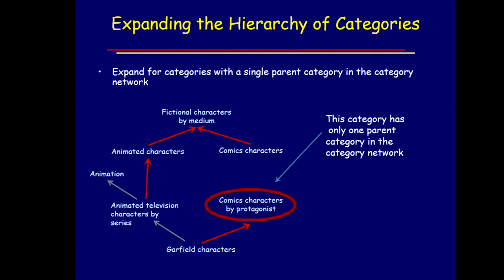You have comic characters by protagonist, which is a category in this category network that you have created so far, but then it has no parent, see? It's somehow disconnected. If you go back and look at the raw Wikipedia data, then you only see one parent category for it in Wikipedia.